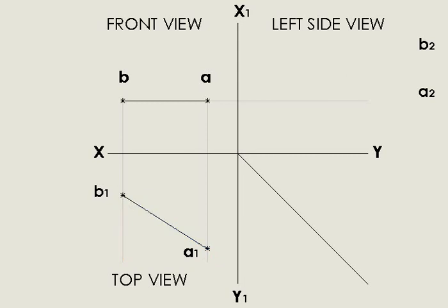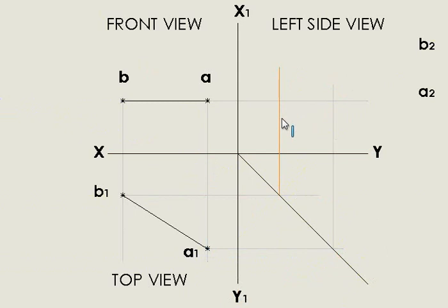Okay, so now that I have found the lines, I have 2 views that I can now use to find my third view. I've already projected from my one view, and I now need to project from my top view across and up to find my left side view. B, projected across. A, projected across. Where they touch the 45-degree line, project straight up, vertically.